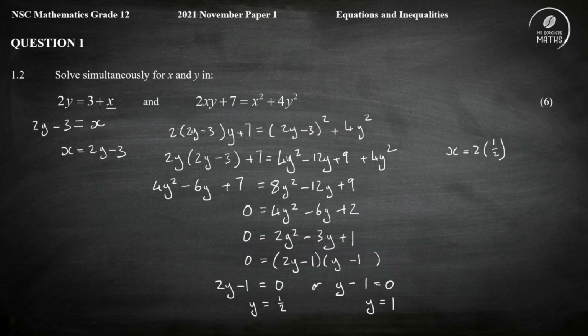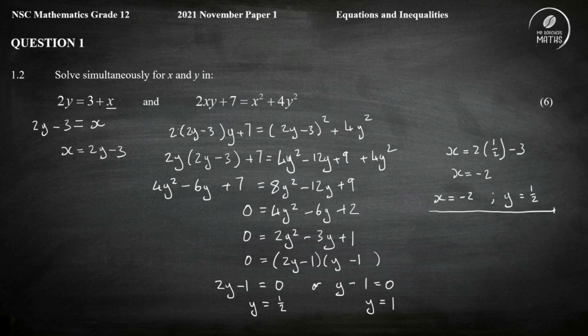So x equals 2 times a half minus 3. And this would leave me with x is equal to, well, 2 times a half is 1. 1 minus 3 is negative 2. So one solution is that when x is equal to negative 2, y is equal to a half.